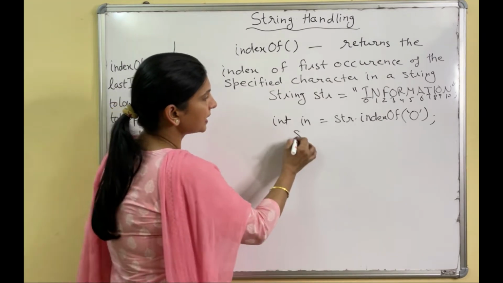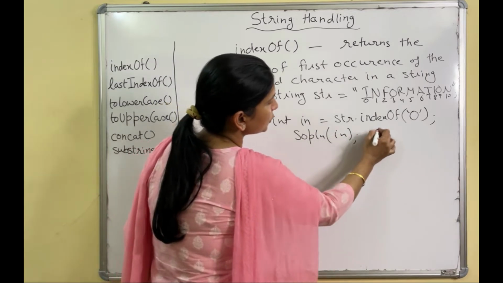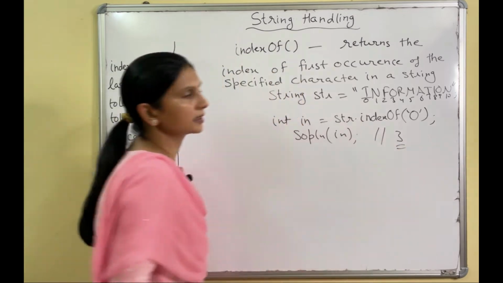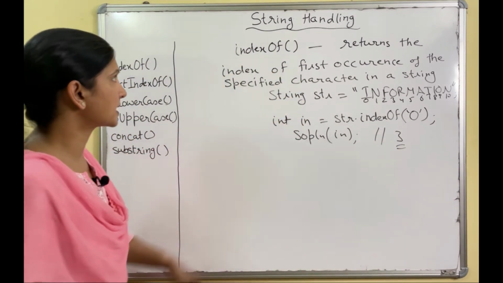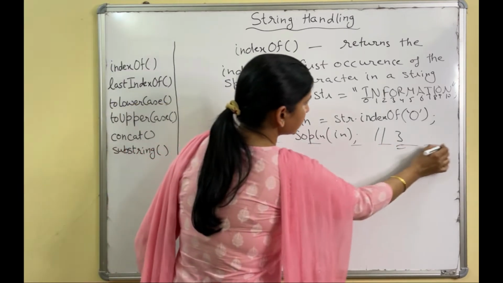And when I display it with sopln in, it should display 3. 3 will be returned. So this is the first method, indexOf. I hope it is clear.